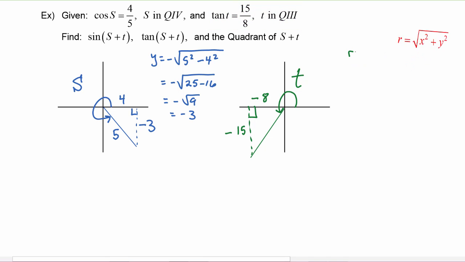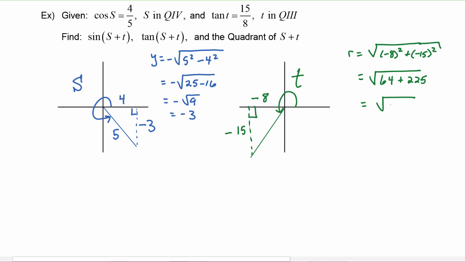We can find r by doing the square root of the x value squared plus the y value squared. We get radical 64 plus 225, which is radical 289, which is 17.